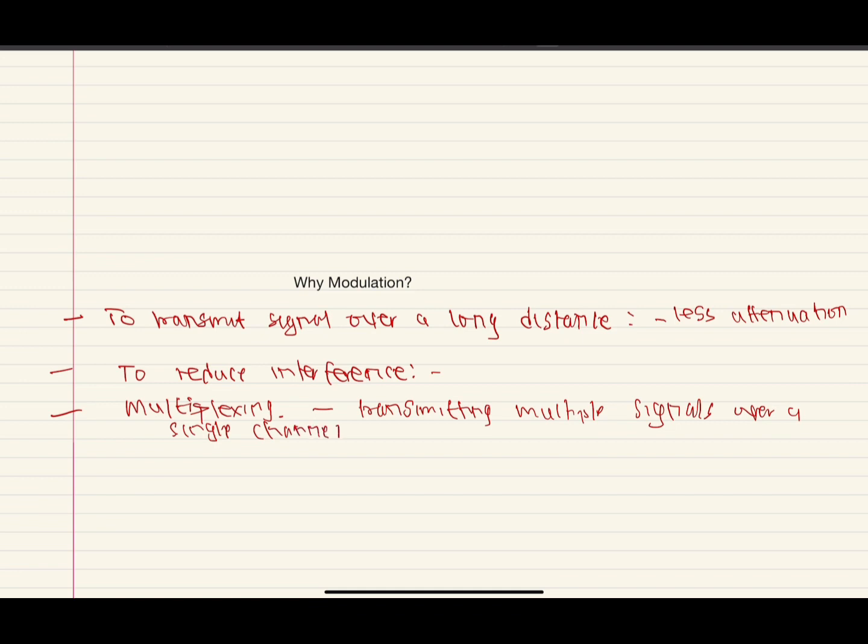This is done by assigning each signal to a different frequency range. So basically, modulation is going to allow us to multiplex these signals by modulating each signal onto a different carrier wave. This is basically why we do modulation.